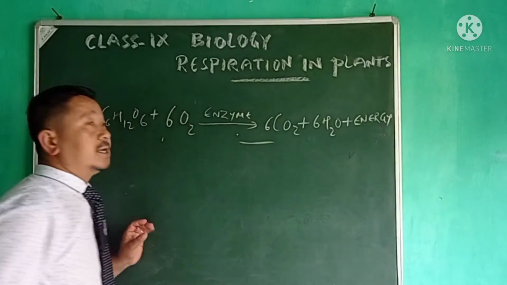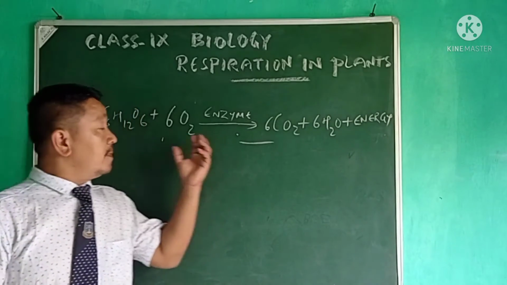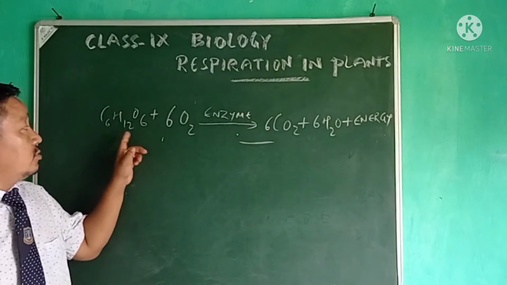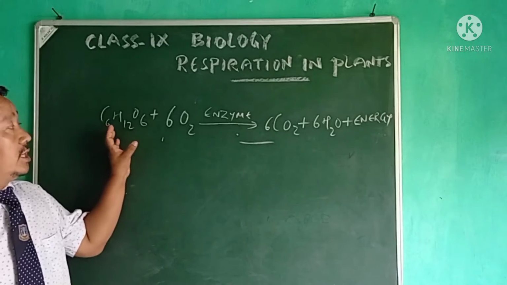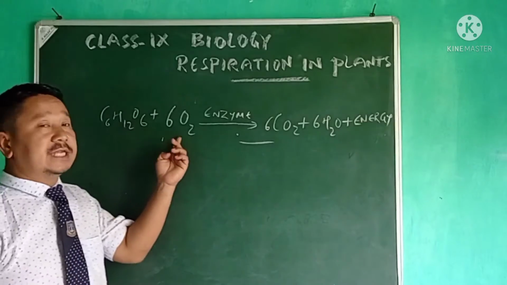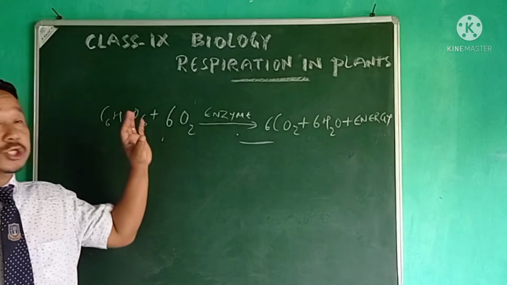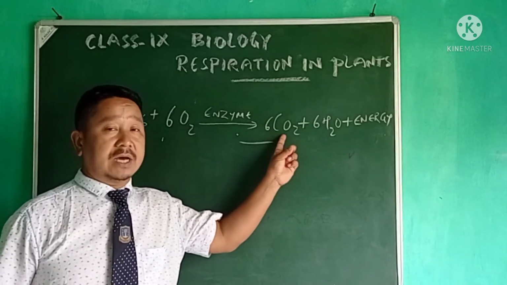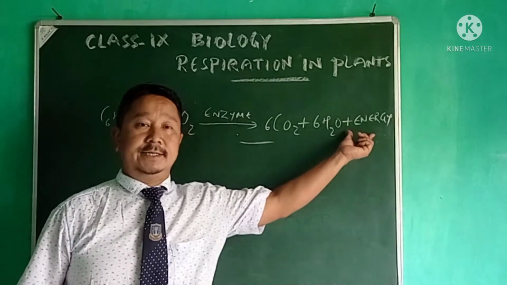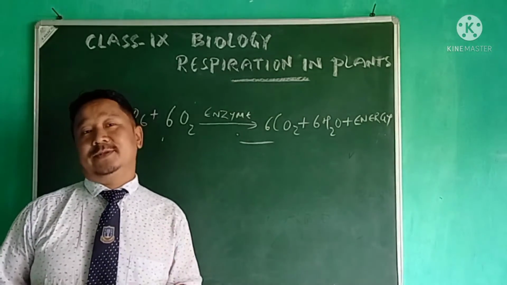So this is the chemical equation of respiration. This is glucose, C6H12O6, glucose molecule. 1 mole of glucose will be oxidized by 6 molecules of oxygen in presence of enzyme to produce 6 molecules of carbon dioxide, 6 molecules of water and energy. This is the overall equation of respiration.